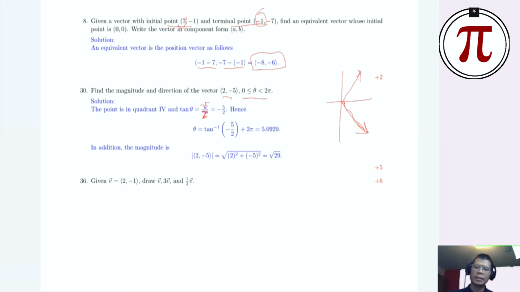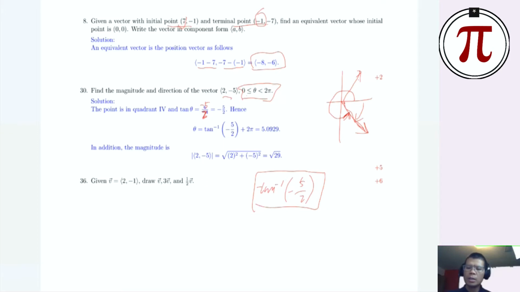The tangent is negative, and because theta has to be between 0 and 2 pi, we've got to find the angle starting from here and going around to this one. So it's going to be the inverse tangent of -5/2, which is going to be some negative value, like this angle.